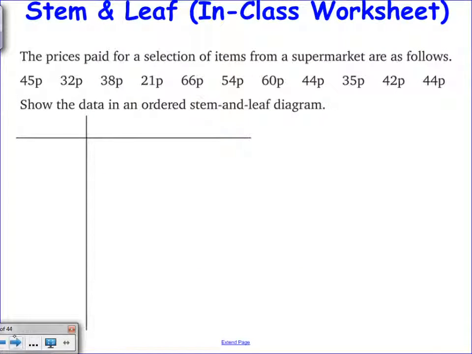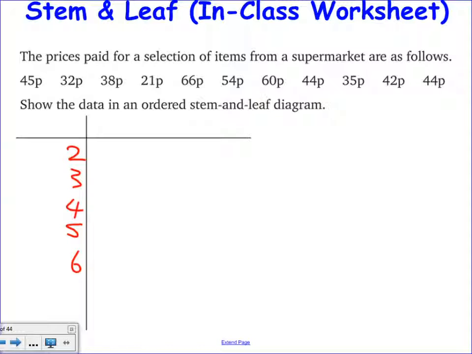So on your worksheets, I've given you a very simple group of data, and I want you to create the stem and leaf from that. So let's have a look then. So the lowest number was in the 20s, and then we've got 30s, 40s, 50s, and I can see a 60 as well. So you should have 2, 3, 4, 5, 6 down the left hand side. Everyone happy with that?